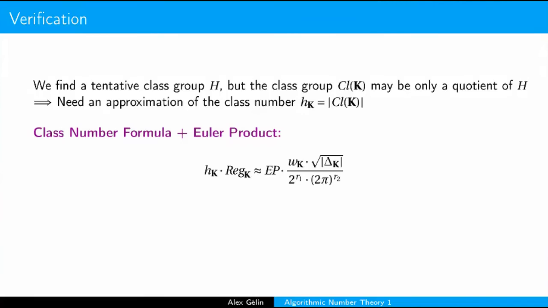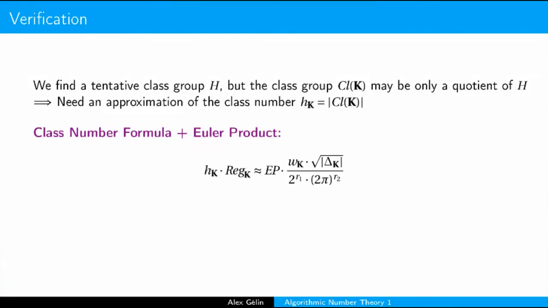It's complicated. I don't want to go into details, but if you know units, it's possible to get a candidate for the regulator. Once more, it's just a candidate, but I can test if this equality is approximately verified or not. And what is important is that both the class number and the regulator are calculated as decreasing candidates.